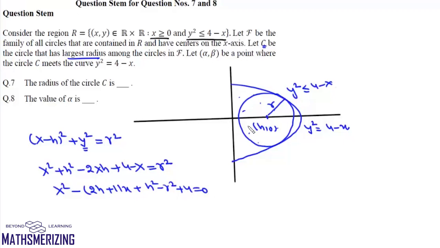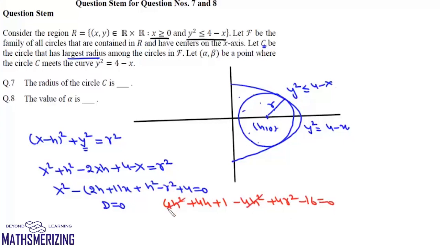Now for largest circle, it has to be tangent to this parabola, and if it is tangent to this parabola, then it should have only one point of intersection, that is the value of D must be 0. Now if we put D equals 0, we'll get 4h square plus 4h plus 1 minus 4h square plus 4r square minus 16 equals 0.